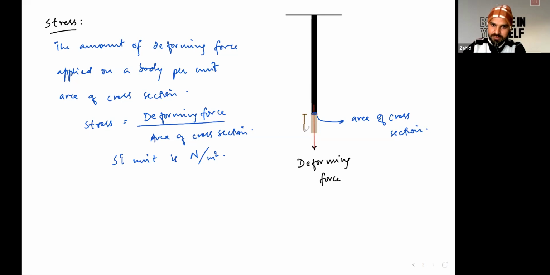So this is the amount of deformation produced, which is delta L, with respect to the actual length of the rod from this point to this point, L. So if you have to calculate the amount of deformation produced in this substance, it will be defined by another physical quantity, which is called strain.